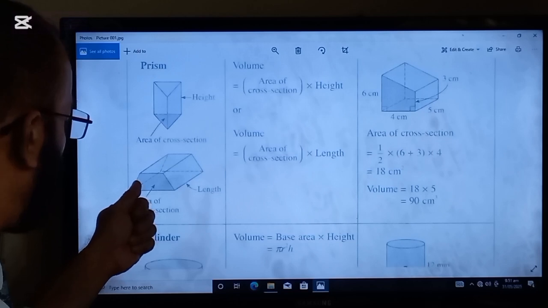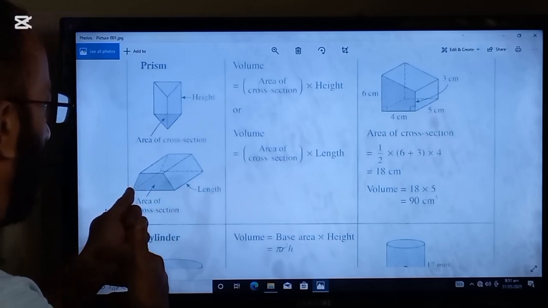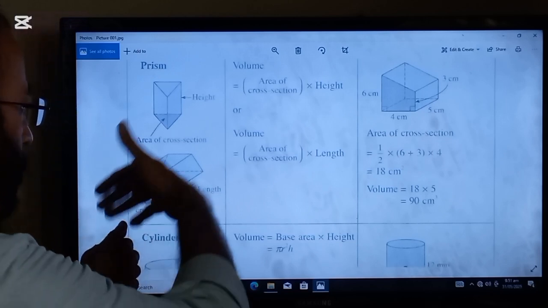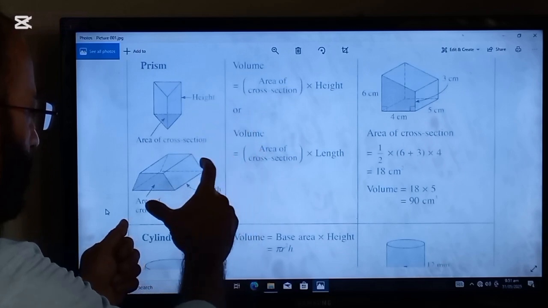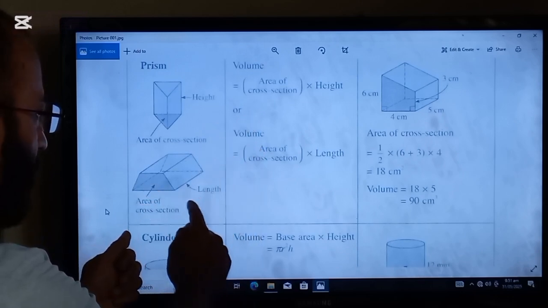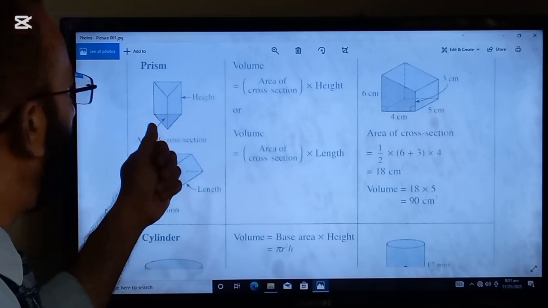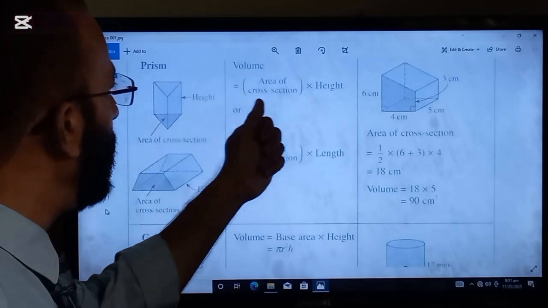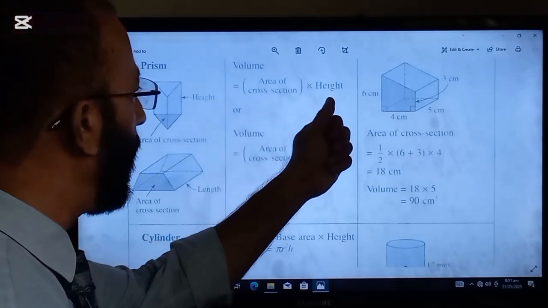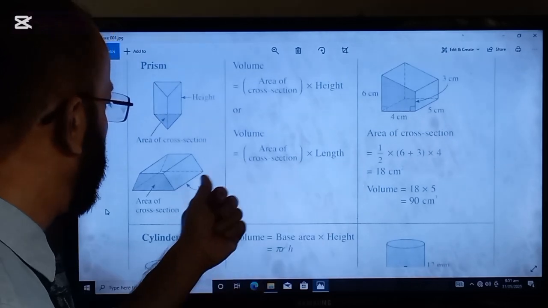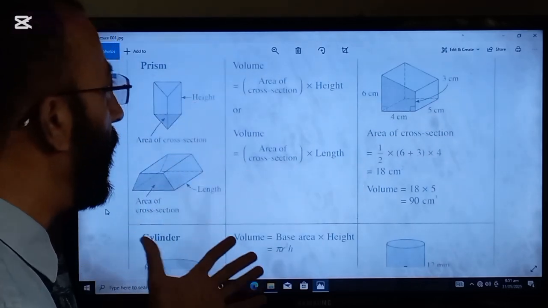Likewise, if this shaded front area is the cross section, the back will also be the cross section, so the length between these two sides will be the height. So the formula for the volume of the prism is area of cross section multiplied by height or length. So simple is height, you may call it height.